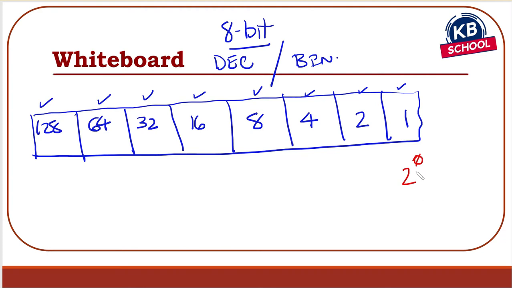Anything to the power of 0 is 1, and that's why I get the 1 over here. 2 to the power of 1, anything to the power of 1 is the same digit, which is 2. 2 to the power of 2 is 2 times 2, which is 4. 2 to the power of 3 is 2 times 2, which is 4, times 2, which is 8. Then 2 to the power of 4, 2 to the power of 5, 2 to the power of 6, and 2 to the power of 7.